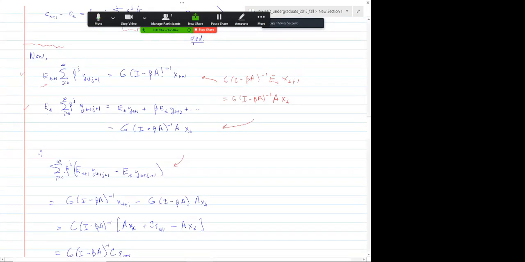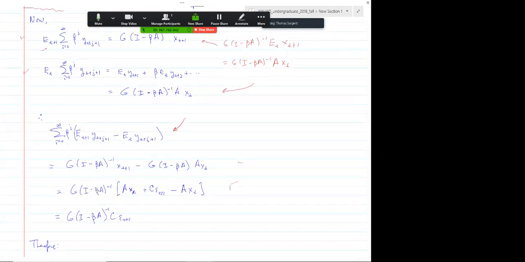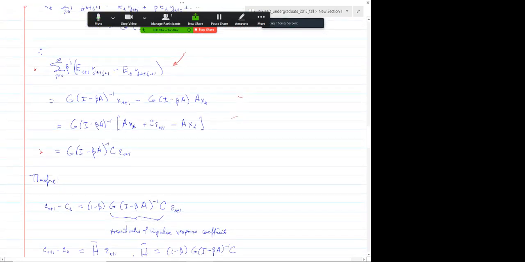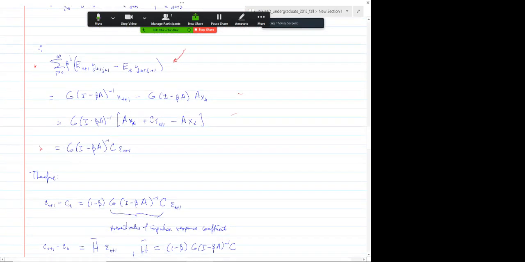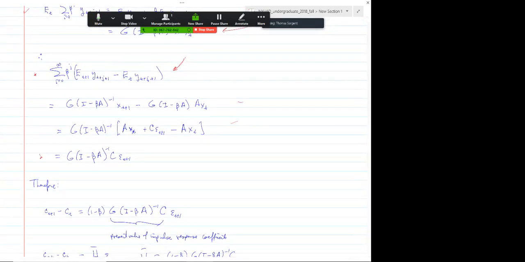So I just substitute in and I do some linear algebra. And when I do that, I do this line, I do this line, and finally I get that this thing is equal to this. So therefore, I get this beautiful equation.